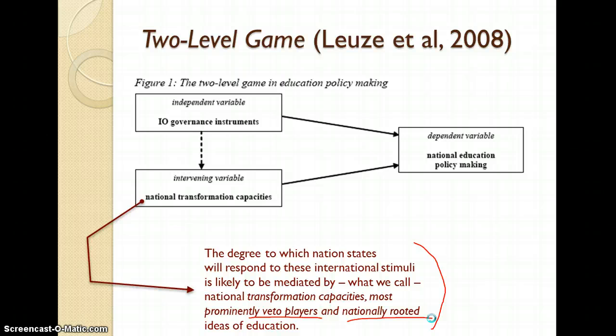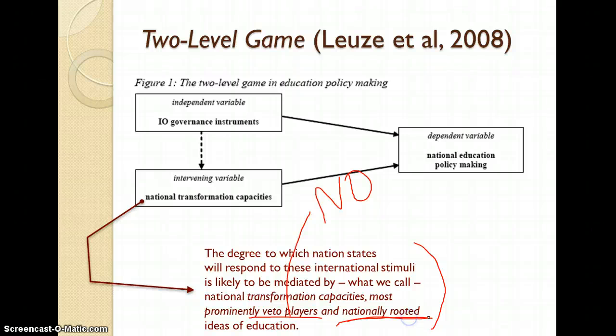So when we talk about veto players, it's the power to say no. It's the power to say, well, that's a huge chunk of money, thank you very much, but we technically don't need it in order to operate, and so we're going to pass, thank you very much.